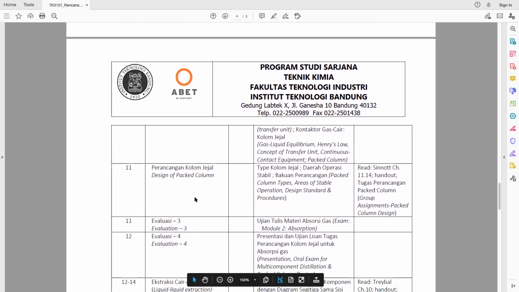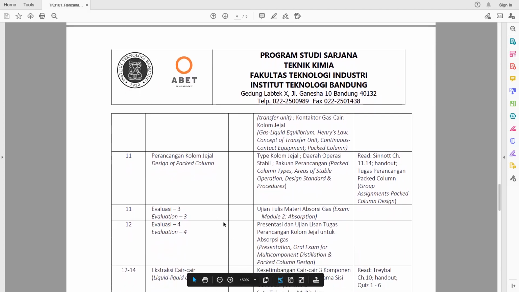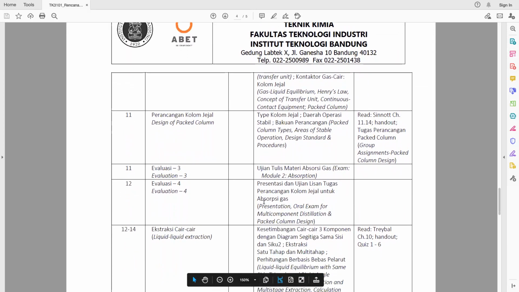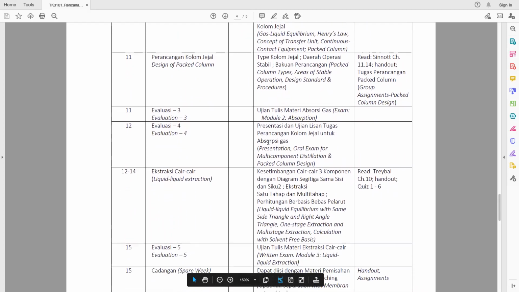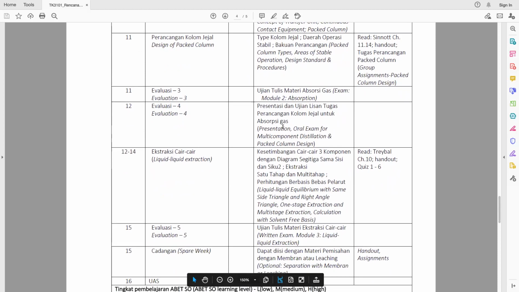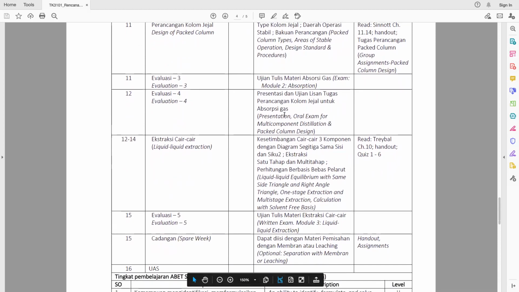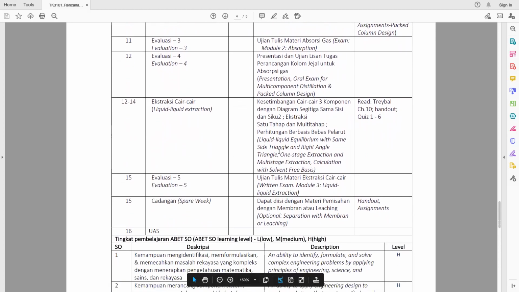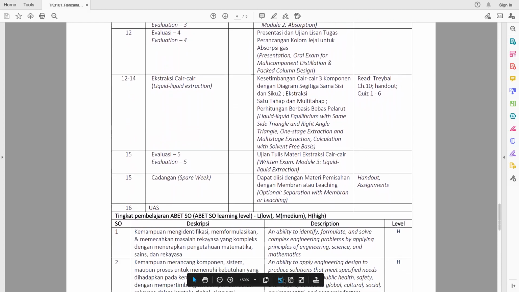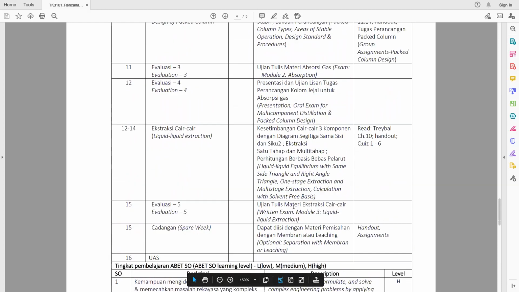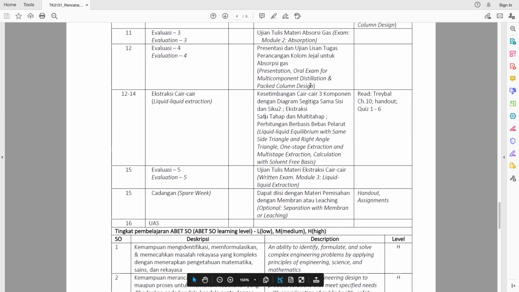Okay, and then after this one, there's also perancangan, the design. And then after that, there is liquid extraction, and then we'll have evaluation 5 at module 3 or UAS, yeah.